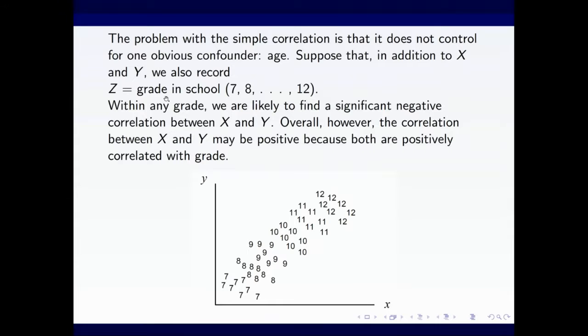If you consider grades in school from 7 to 8 to 12, and look at the correlation within the grade, then we are likely to find a significant negative correlation between X and Y, which are the math achievement test result and the alcoholic beverage use.